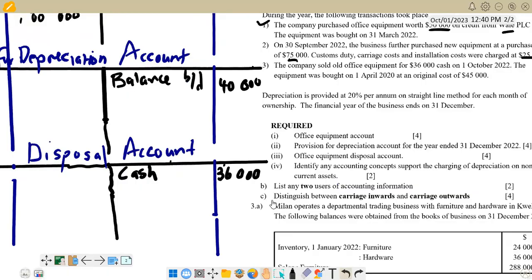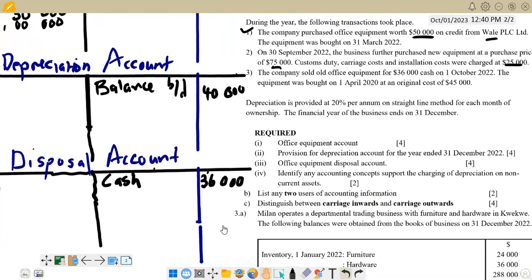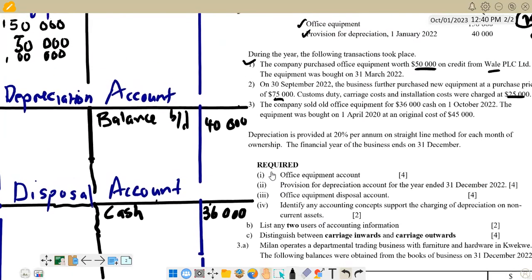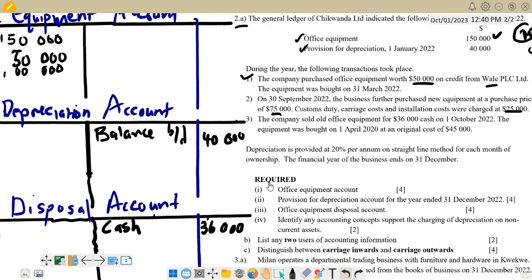Still on the same statement, it was sold for 36,000 cash, and the next sentence says the equipment was bought on 1 April 2020 at an original cost of 245,000.